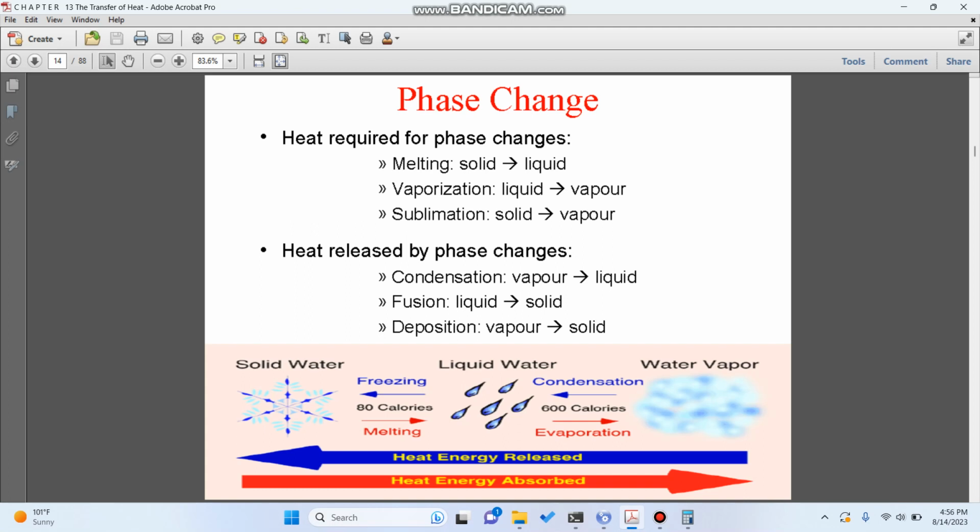That is the heat required. Then there is the heat released: vapor to liquid is condensation, and liquid to solid is fusion, like we say latent heat of fusion. Then vapor directly to solid is deposition, which is very rare, but still there.